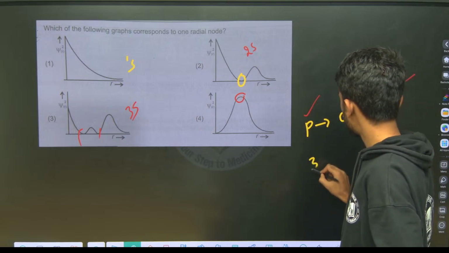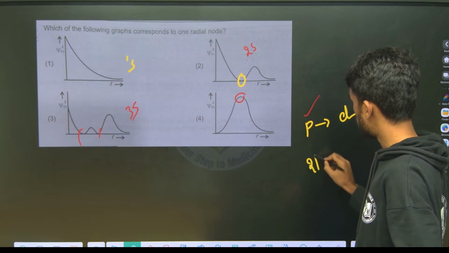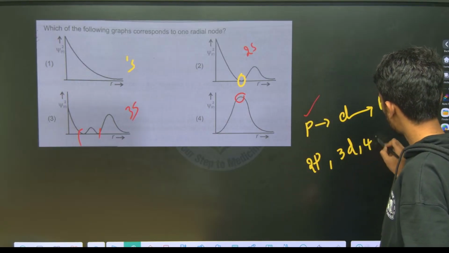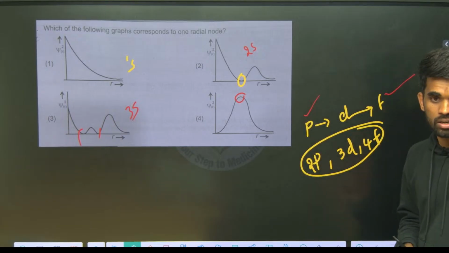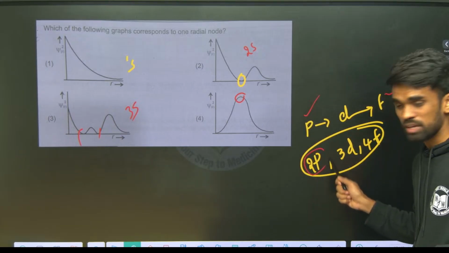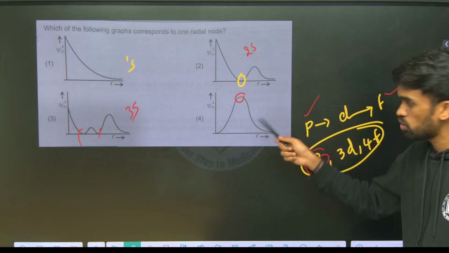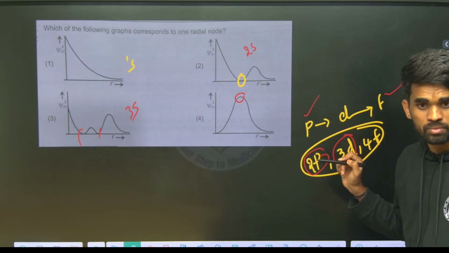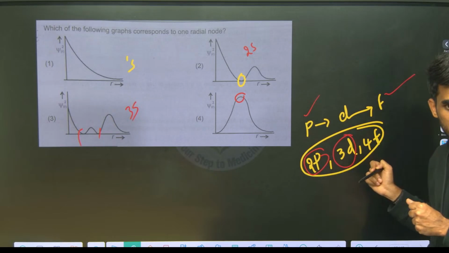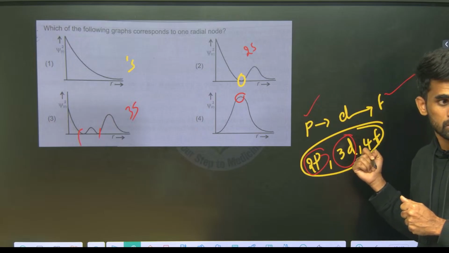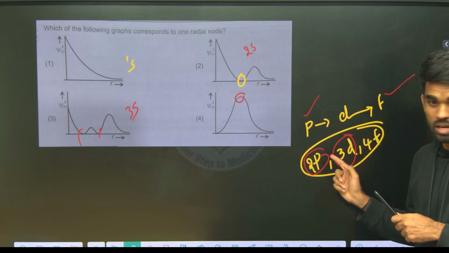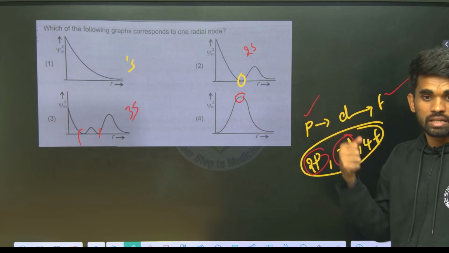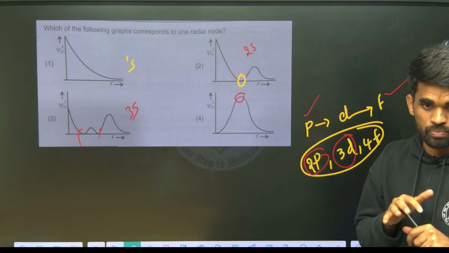With 0 nodes, the minimum p orbital is 2p, for d it starts from 3d, and for f it starts from 4f. So it can be any of these, but as the L value increases, the width and broadness increase.